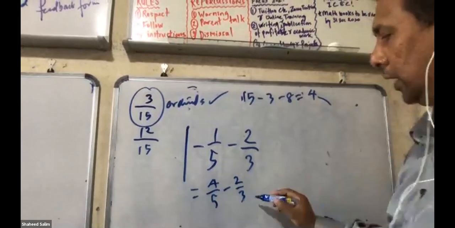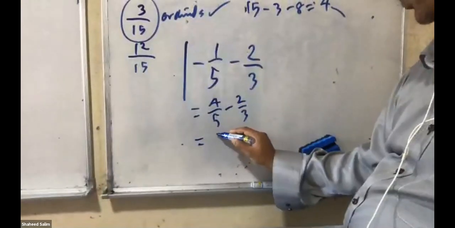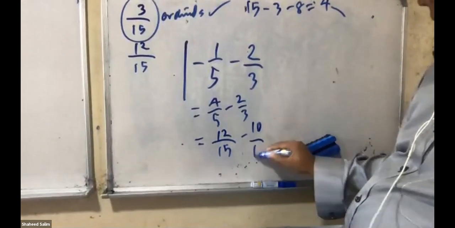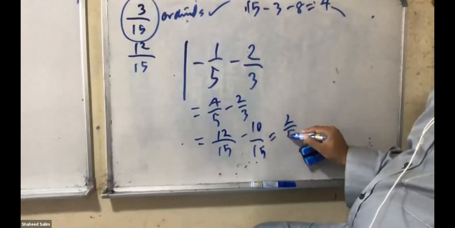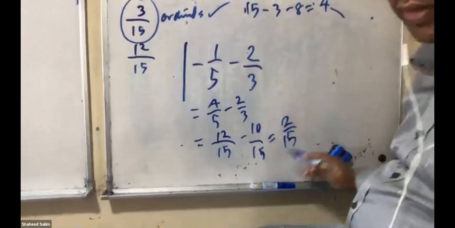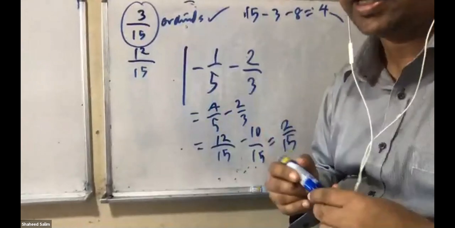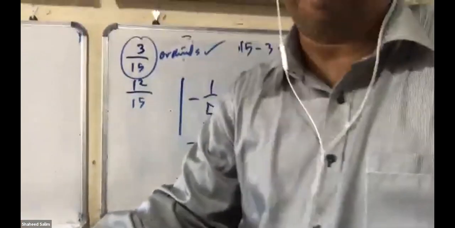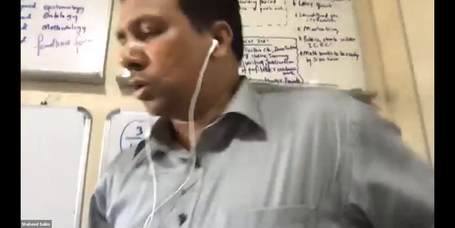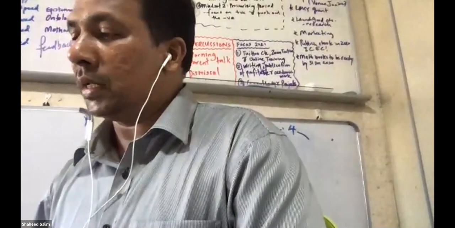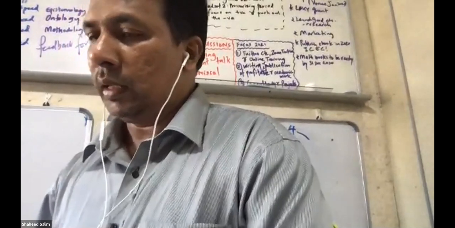You change it to 15, which is 12/15 minus 10/15 equals 2/15. Your answer is correct if they say 2/3 of the whole land. They didn't say that. It's 2/3 of a part of the land. Okay, so we move on. Can we try now? Question number 11.